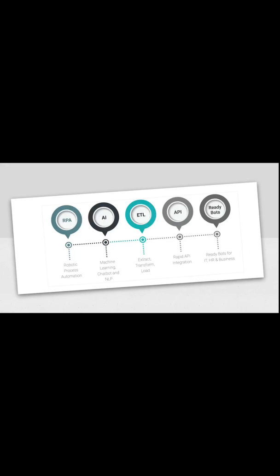ETL also works very well in an enterprise service bus environment, as do APIs. The APIs in a service-oriented architecture can be standardized. They can have a standard protocol with a standard canonical schema, and they can then share data and be routed through a process and reuse the underlying components.